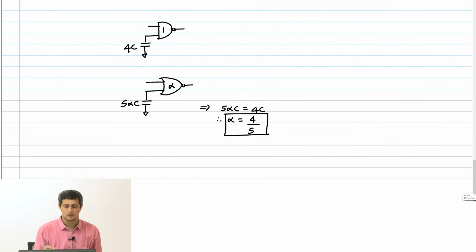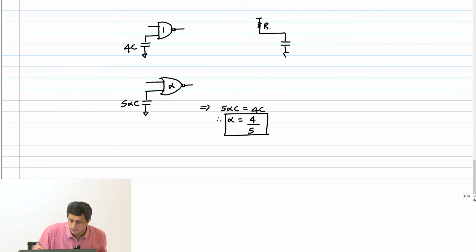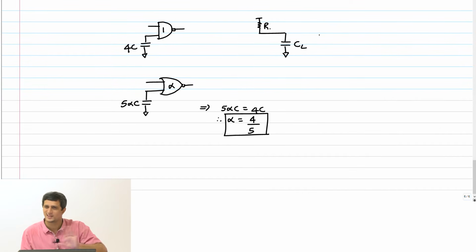Now tell me, what is the delay due to this NOR gate and what is the delay due to the NAND gate? So you can draw the equivalent thing. It's going to be R, right? This capacitance will be R and there will be a CL, plus some parasitic delay. Assume that the load capacitance CL is much larger than the parasitic capacitances.